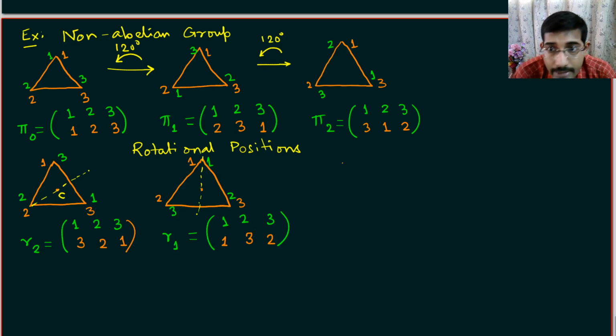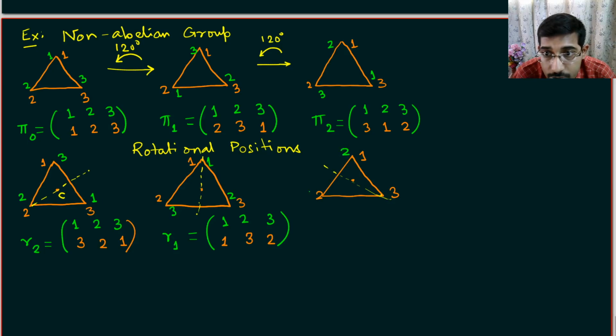And then again, if you reflect with respect to the last point that I have in my hand, that is point 3, with respect to the center. So I have positions 1, 2, 3 and I reflect it.